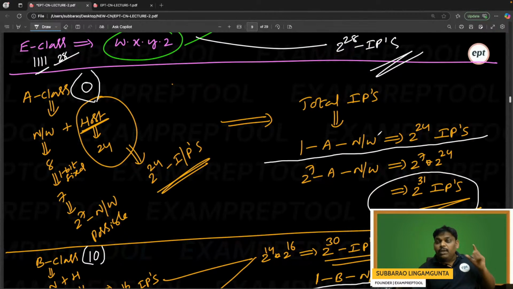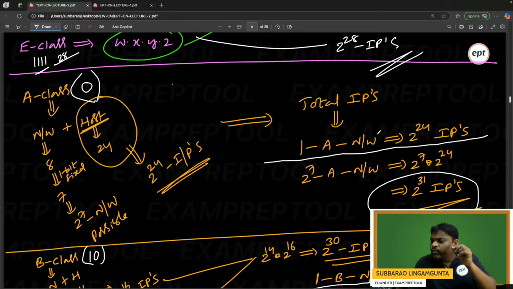Remember, big companies. If you go to the TCS company, there are many employees. If you go to the Indian central government, there are more employees. If you go to the US central government, more IPs, meaning more employees.